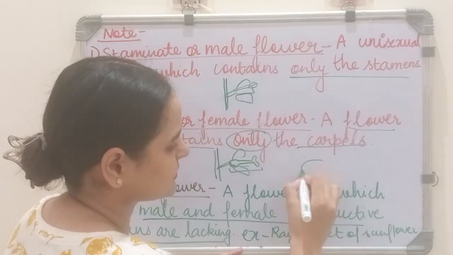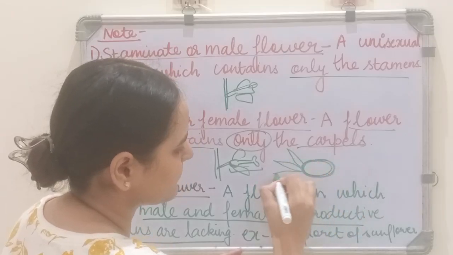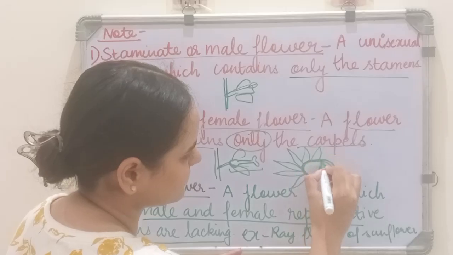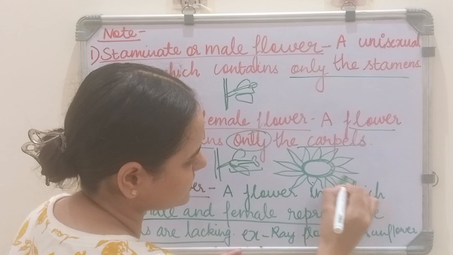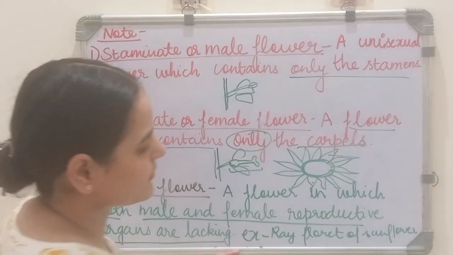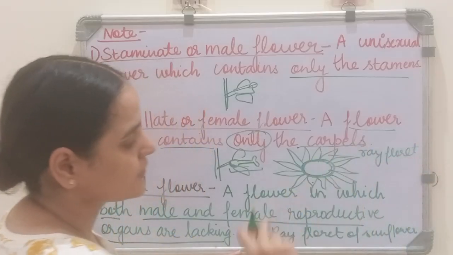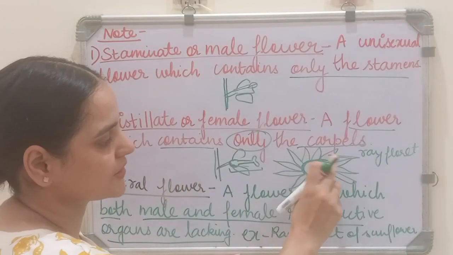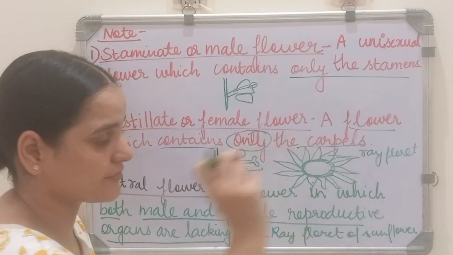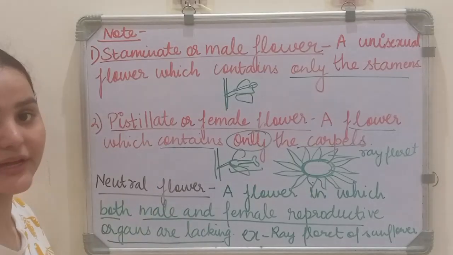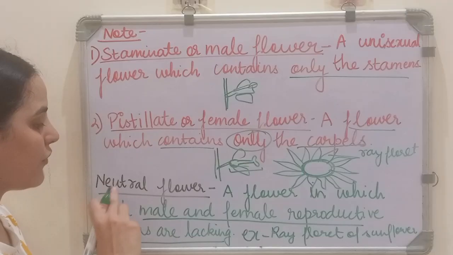So you know this is the disc of the sunflower and you see yellow petal-like structures. So this yellow structure is known as ray floret. Okay, so this whole is a sunflower and this yellow petal-like structure is ray floret, and this ray floret doesn't have male as well as female reproductive parts. So it is an example of neutral flower.